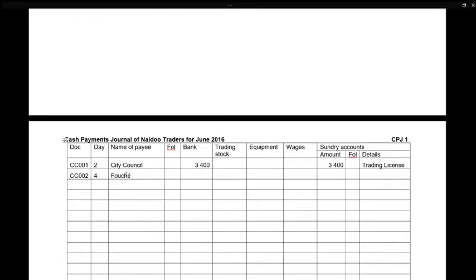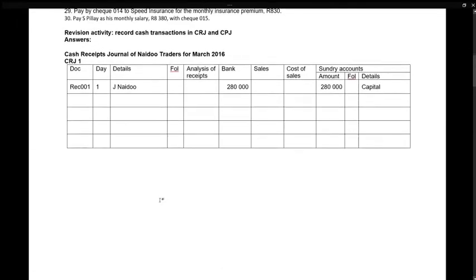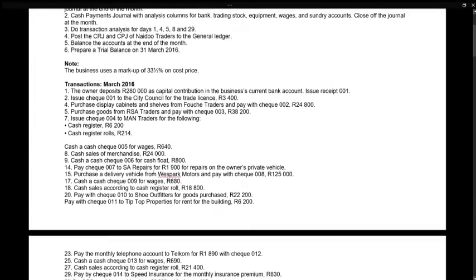We paid money to Fouchier Traders, and the amount which will be deducted from our bank account is 24,800 Rand. It is not for trading stock, it is for equipment. Remember, it's equipment that I will use in my business to produce income.